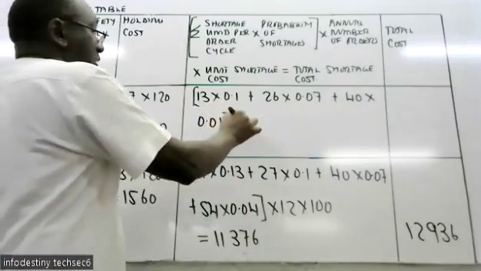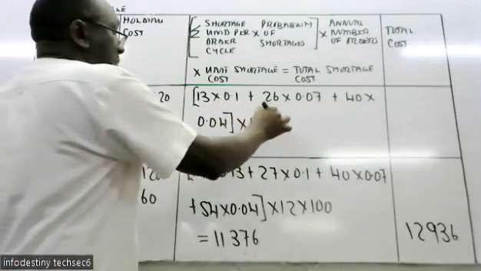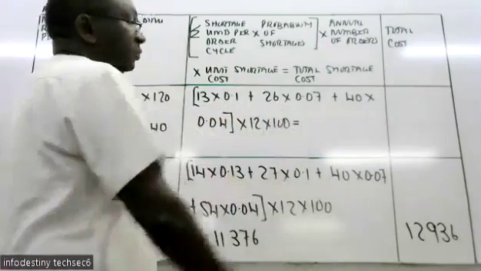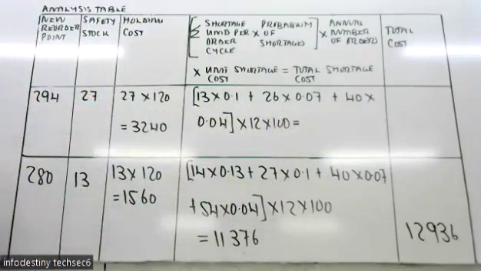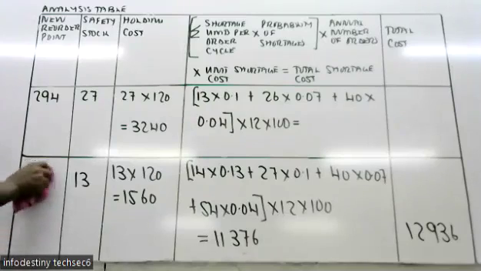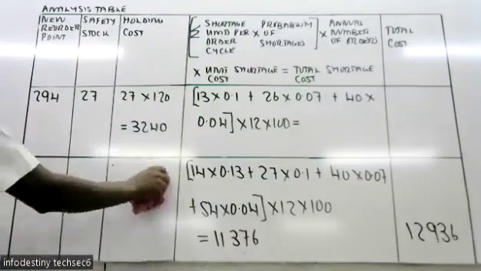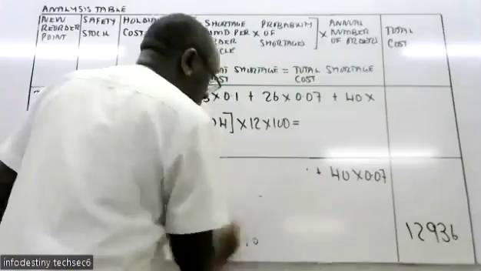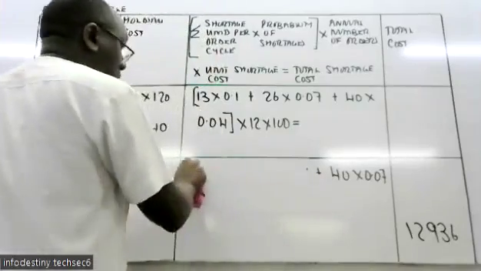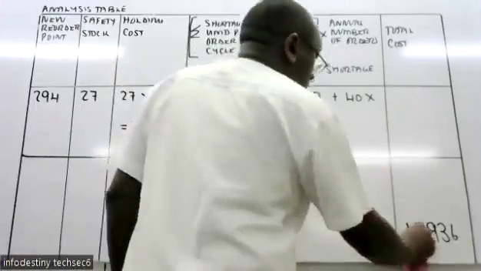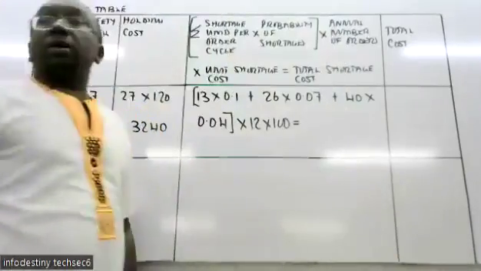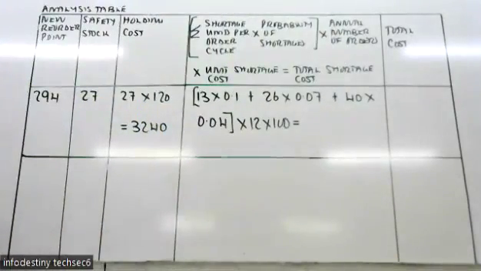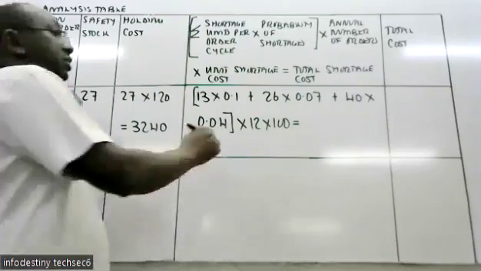Now this one multiplied by 12, multiplied by 100. Unapata? 64.